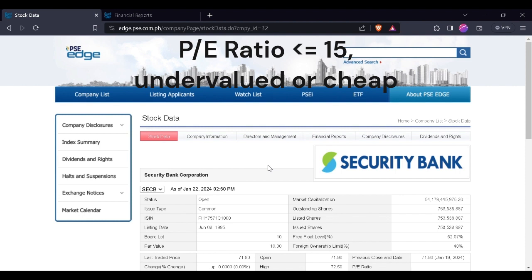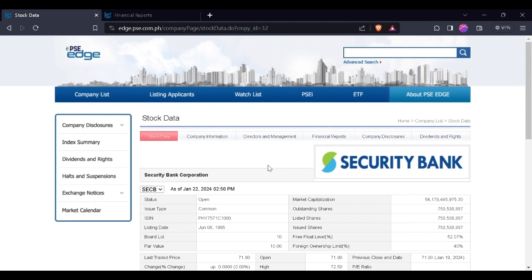Take note that if you're going to invest, it is better to have another ratio that you can use as reference to make sure that it is really undervalued. But for the sake of this video, let's just focus on the PE ratio alone.